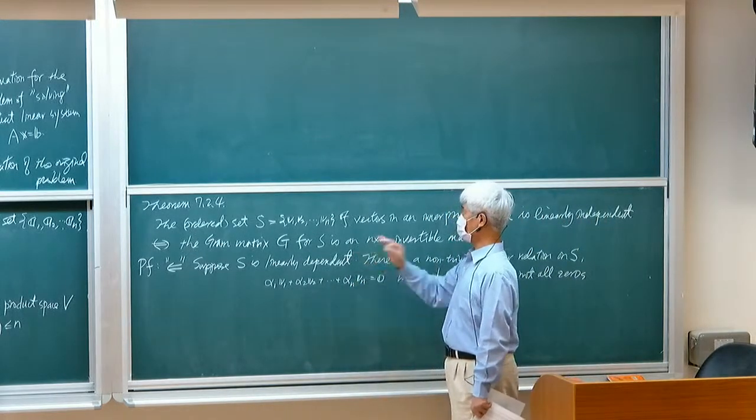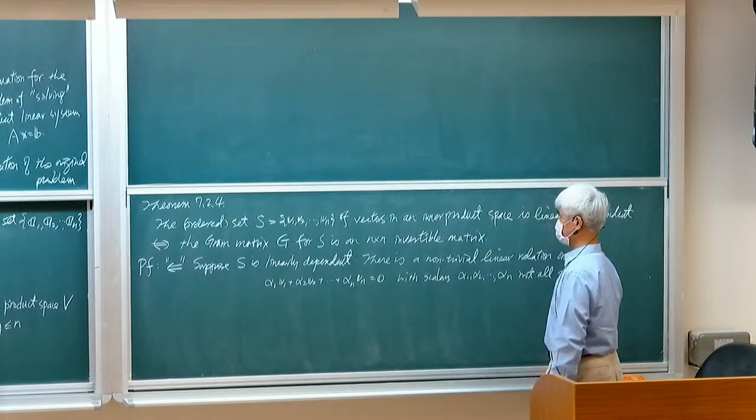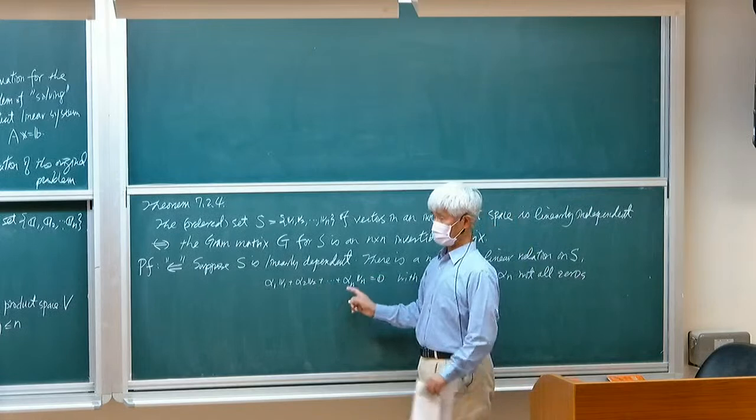At least one of the coefficients is non-zero. Such a linear relation is called a non-trivial linear relation.